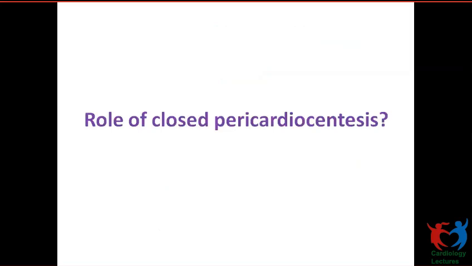What is the role of needle pericardiocentesis in these situations? Is it recommended or not? Bedside pericardiocentesis. It's not recommended, ma'am, because it increases the bleeding further and increases the mortality.